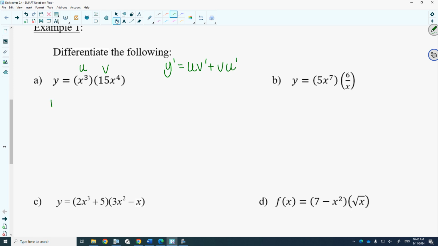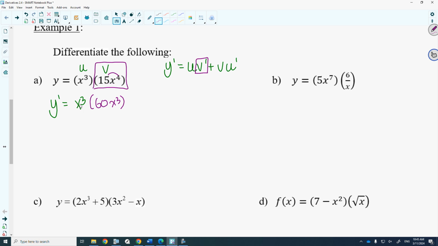Okay, so y prime is the derivative of y. It's going to be u and then the derivative of the second. So u is x cubed times v prime. So v prime would be the derivative of this guy. So the derivative of 15x to the 4, 15 times 4 would be 60x to the 3.